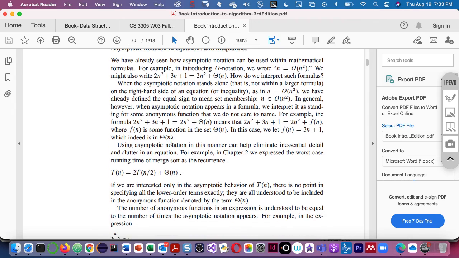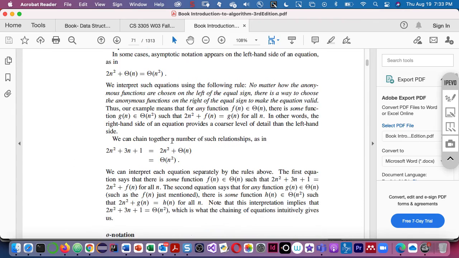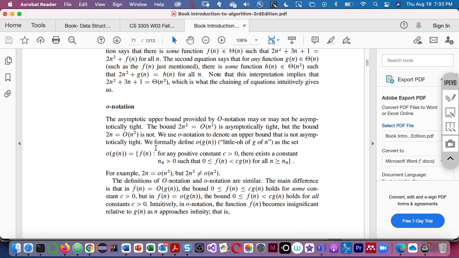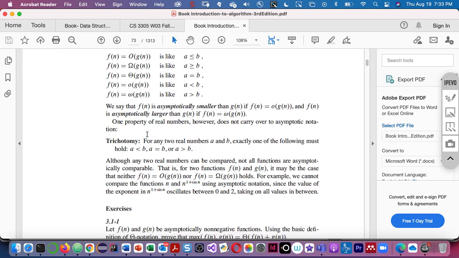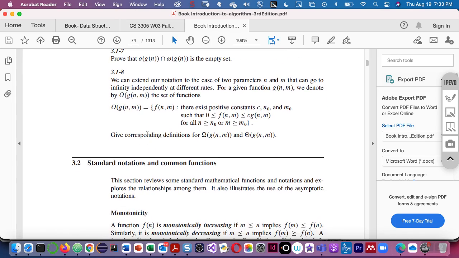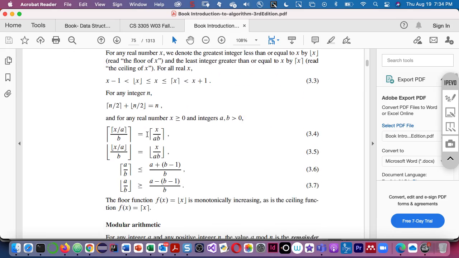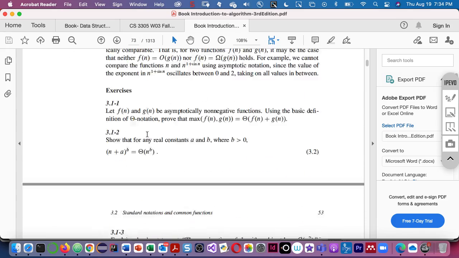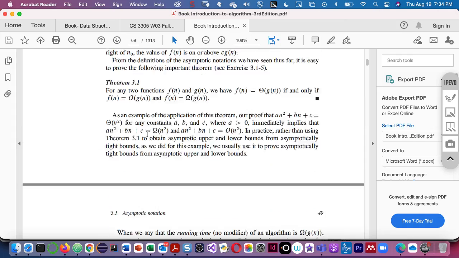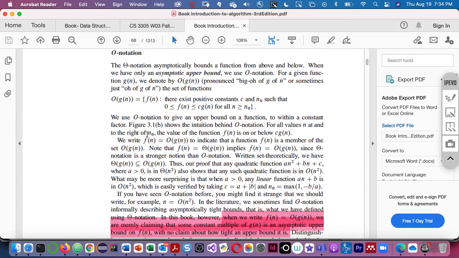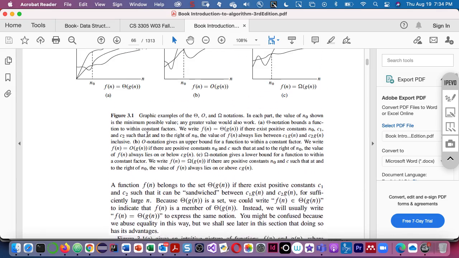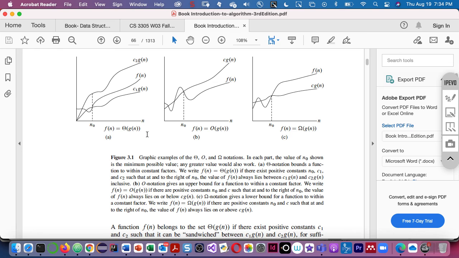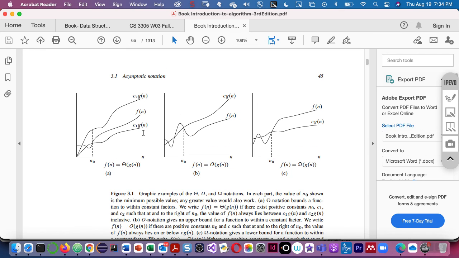Then there is another notation called theta notation. So there is small o notation, small omega notation, and one more thing called theta notation, which is used when the upper bound and lower bound have a common value.